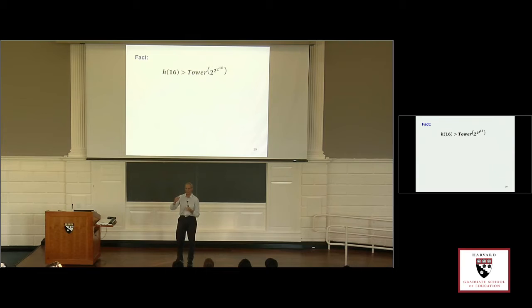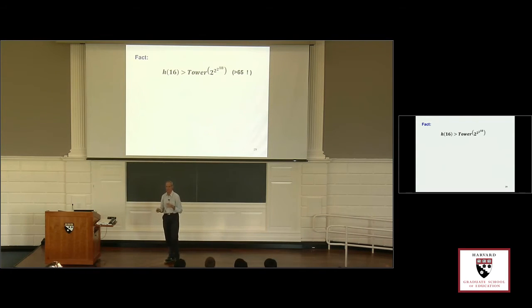This is a tower function: 2 to the 2 to the 2 to the 2. And what you see in the brackets is how many times you have to take 2 to the 2 to the 2. Again, I don't know how many times, but more than 2 to the 2 to the 2 to the 18. So in particular, this number is strictly bigger than 65.